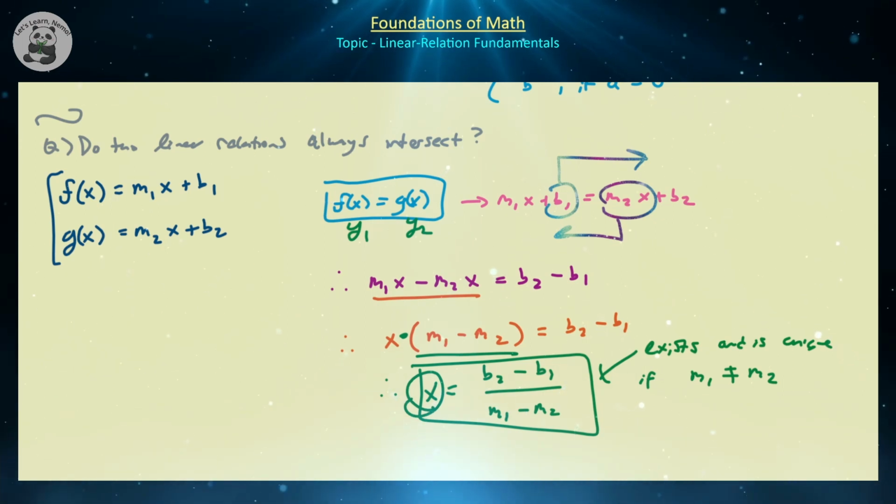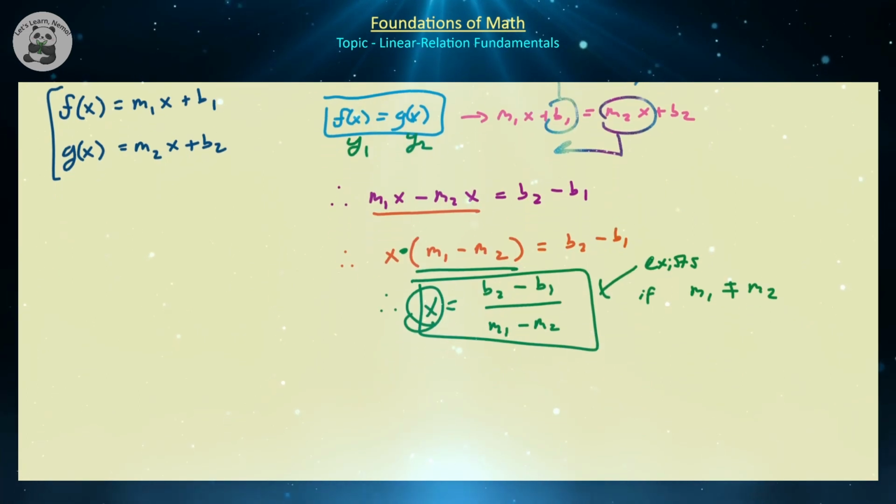But that gives us a requirement for there to be at least an intersection. It could be infinitely many, actually. It exists if m1 and m2 are not equal to each other. That's an obvious truth.